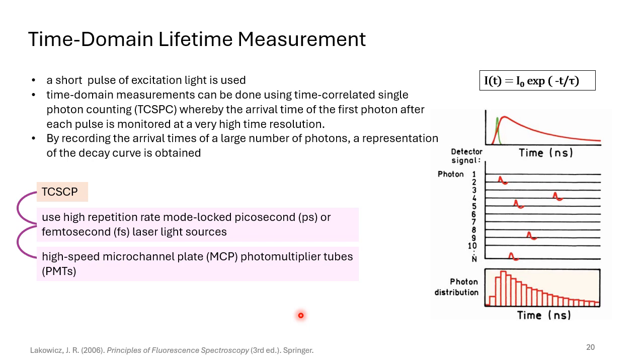So this is the time domain lifetime measurement. For this we usually use the time correlated single photon counting process, and what I have just discussed is the TCSPC process actually.